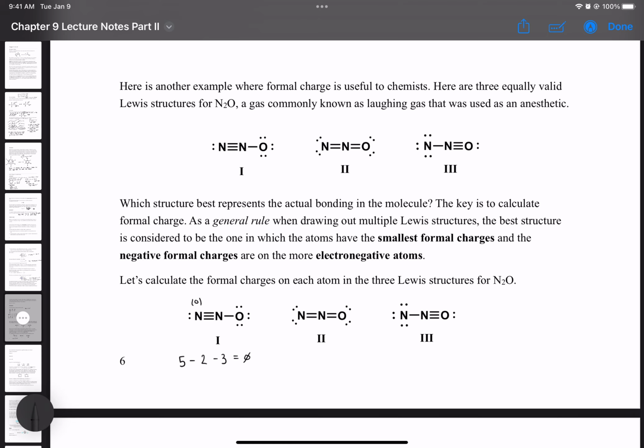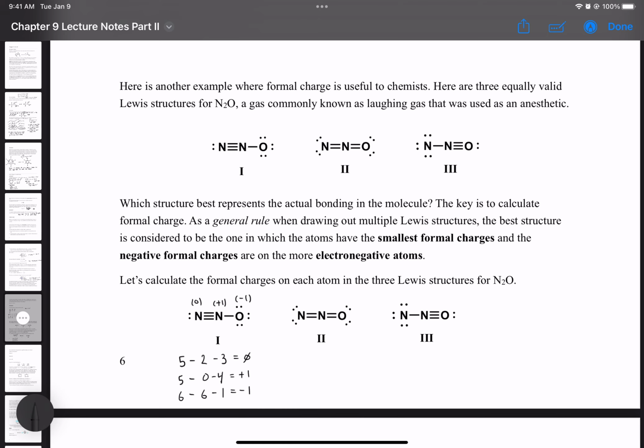All right, the second nitrogen is 5 minus 0 electrons from non-bonding, and then 4 from bonding. So that's going to give us a charge of +1. And then oxygen, like we said previously, it's going to be 6 minus 6 minus 1. So that's going to be a -1 charge. And you see here the formal charges add up to equal 0. So they must add up to the net charge on the compound or ion.